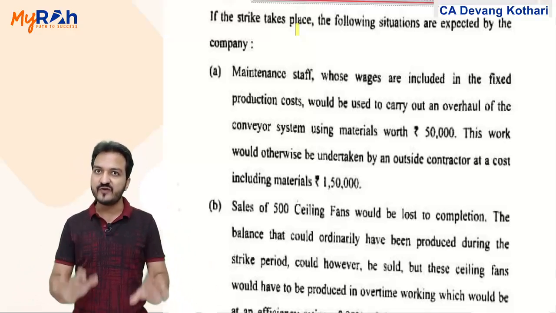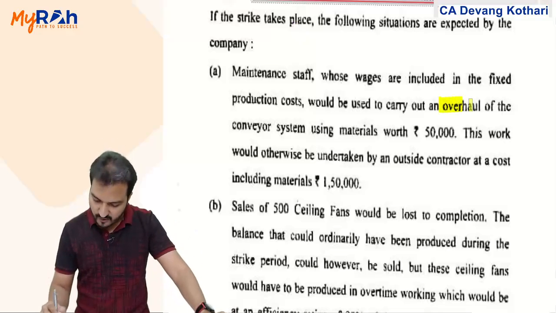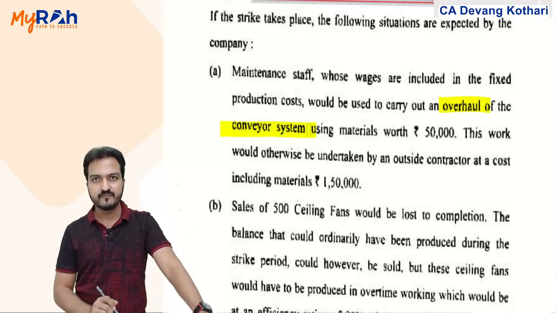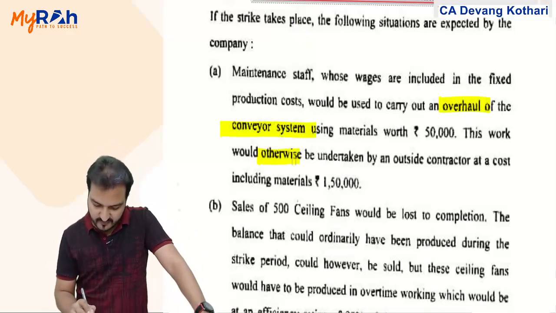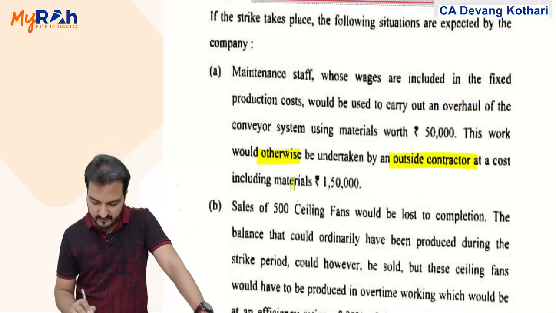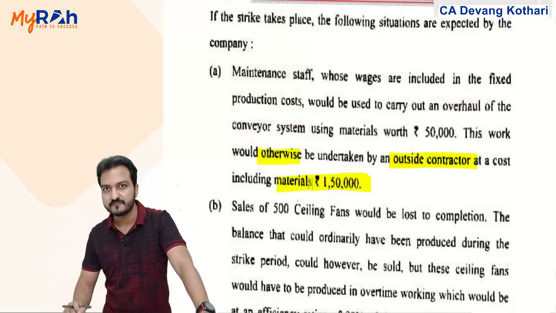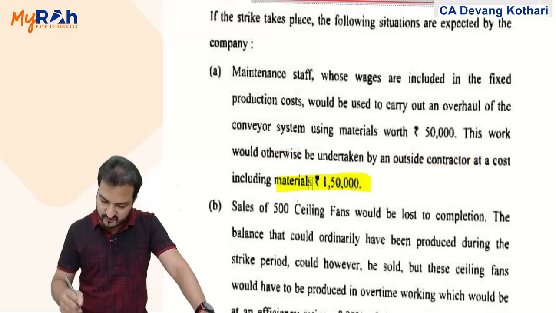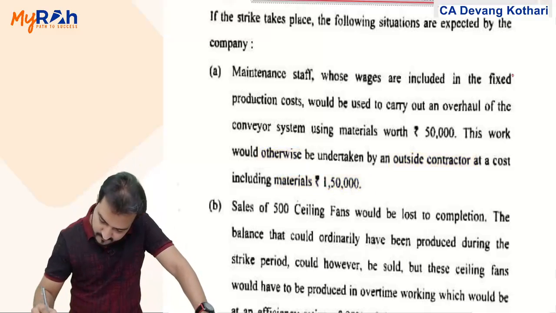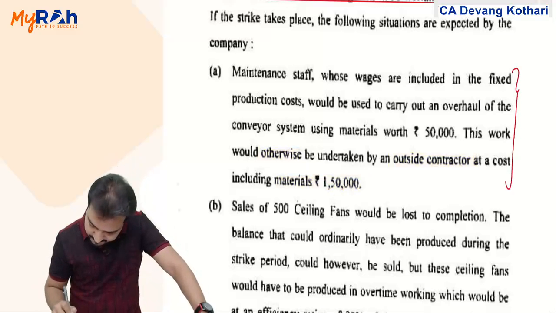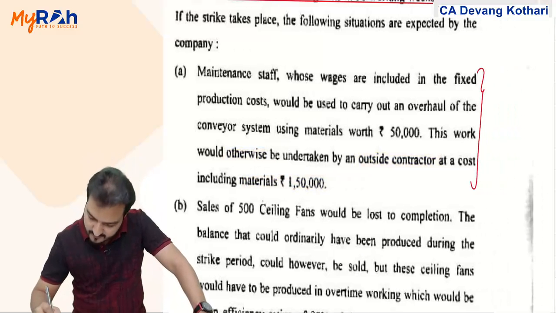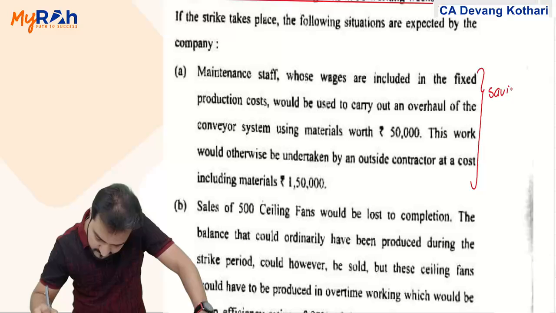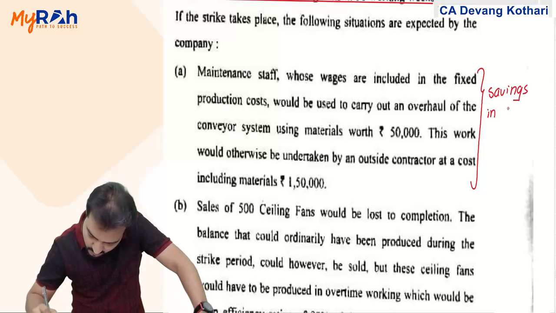So during that free time, they can do overhaul of the conveyor system, which was otherwise being done by outside contractor at rupees 1,50,000. So I can say because of strike, I will have savings in overhaul cost.